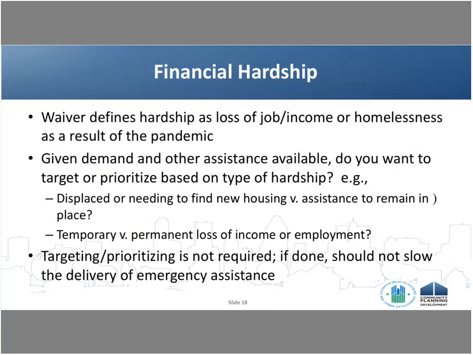Most of the waivers in the TBRA memo on April 10th are specifically tied to households who are experiencing financial hardship as a result of the pandemic. Largely, we tend to think about that in terms of the loss of income, whether somebody lost a job, lost hours, et cetera, but also recognizing that HUD designates anybody who's homeless as also in financial hardship, which is a prima facie type of thing as well.